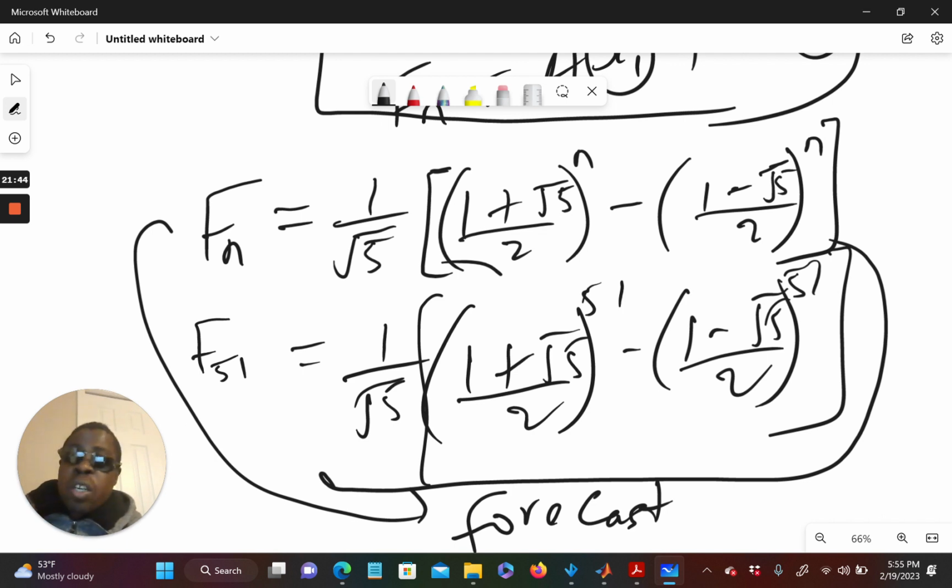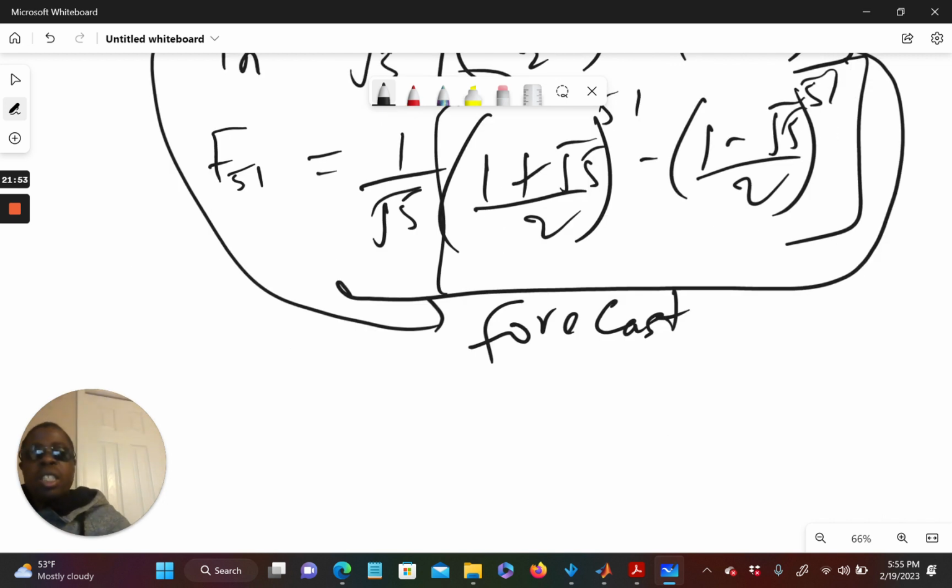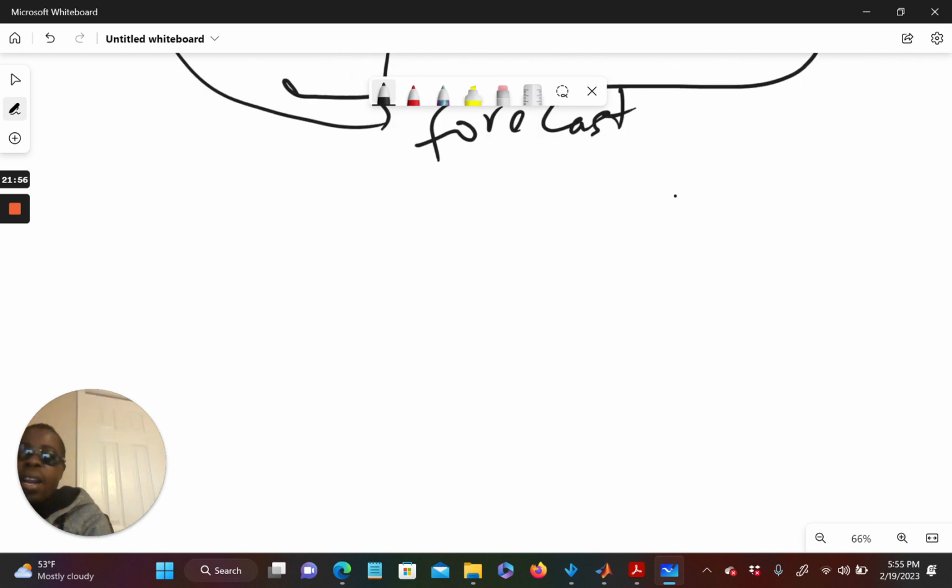So the essence of function in calculus is what? Prediction. Okay? Now, that is the closed form solution for the Fibonacci sequence. Again, look at it.